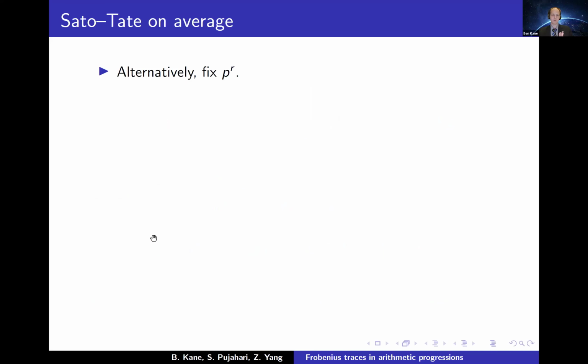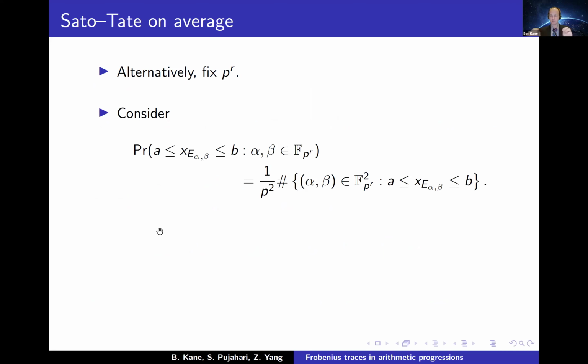Instead of doing that, alternatively, you could first pick a prime power, and you could look across all of the elliptic curves over the finite field. So you fix the finite field, you average across all the elliptic curves over that field, and you can ask the same question: what's the probability that this normalized trace is between a and b?